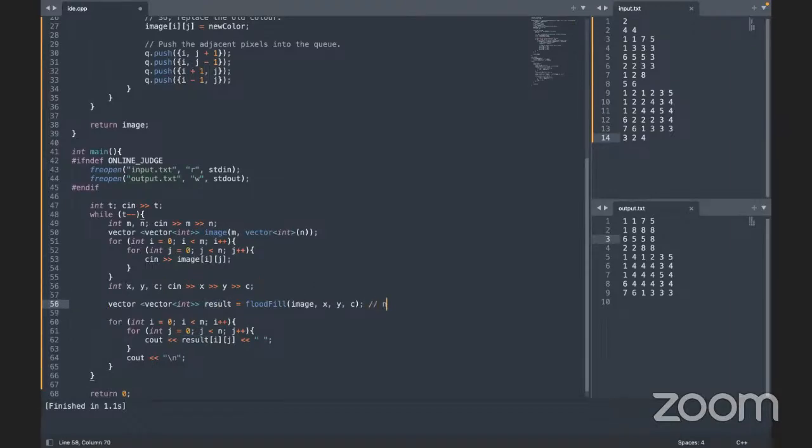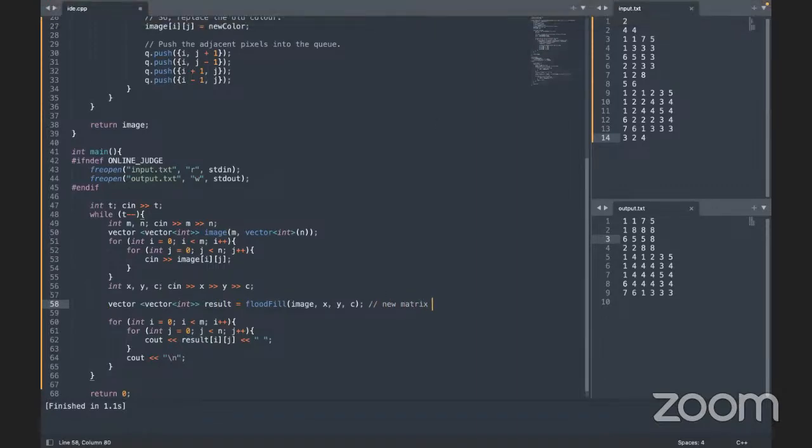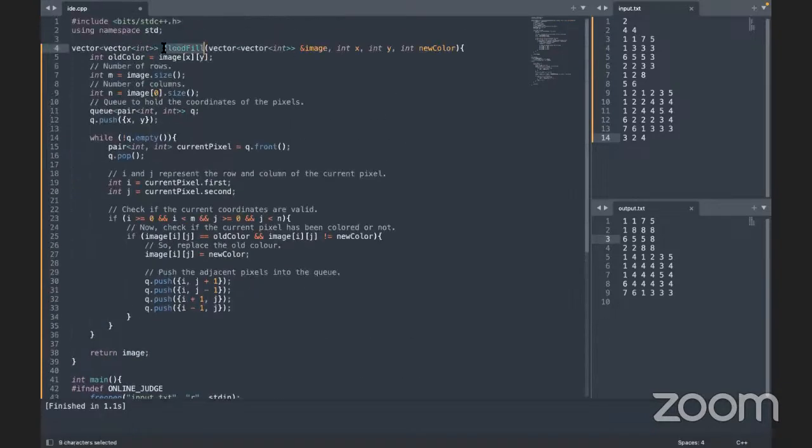What is this? This is our final new matrix. And what we are calling is a function flood fill, right? This is the main algorithm that we are calling to build this matrix, right? Now let's look at this flood fill function, that is the main algorithm of our question.